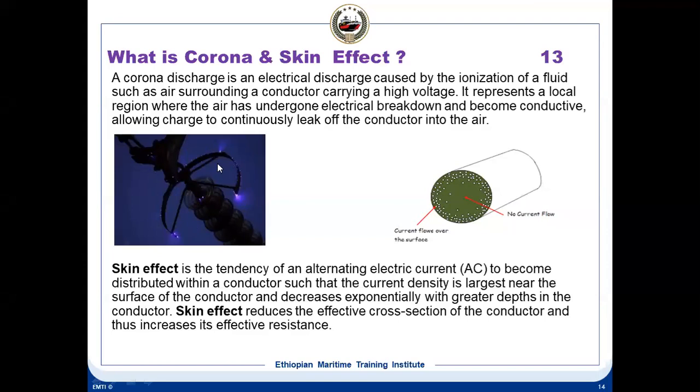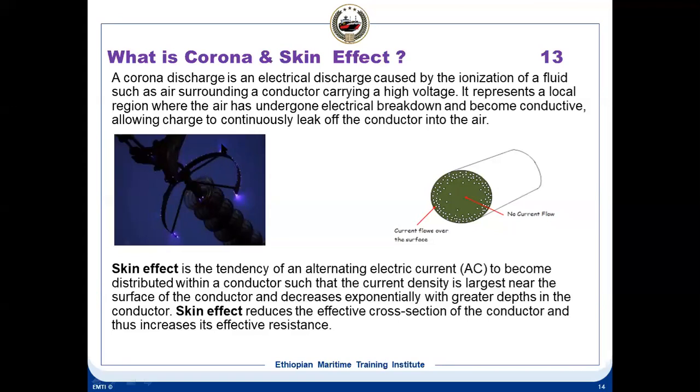Sometimes near overhead transformers or some lines, you can see a spark like this, because there is a path through the air. The air breaks down, and the charge moves through it, giving a spark.